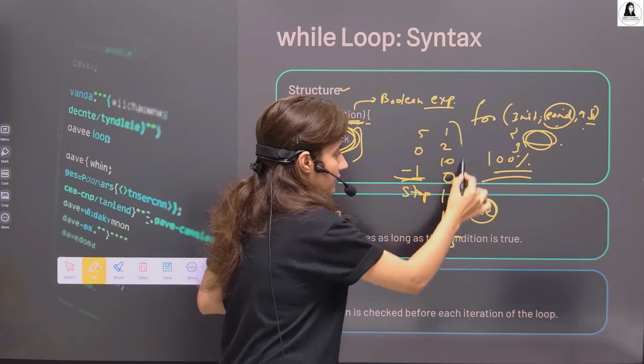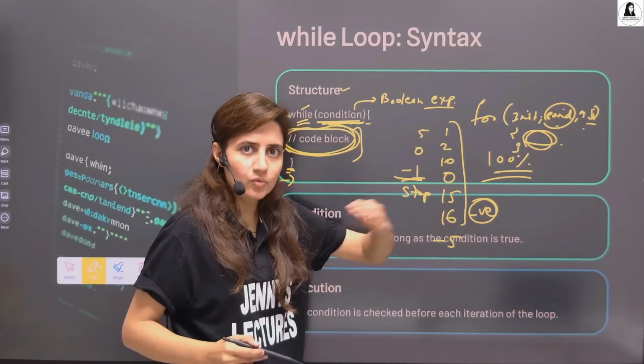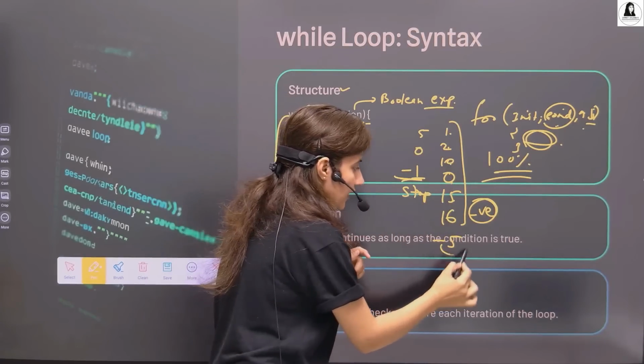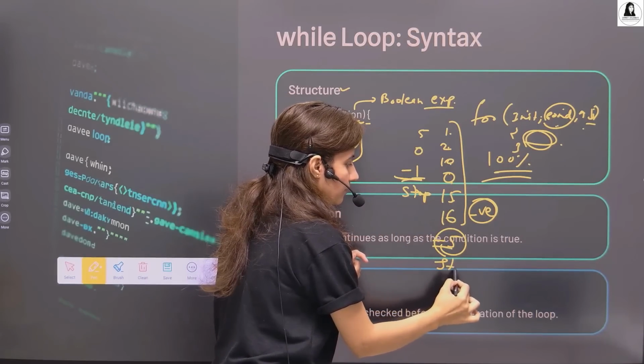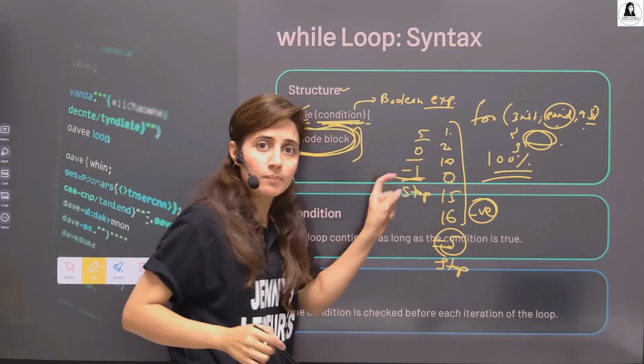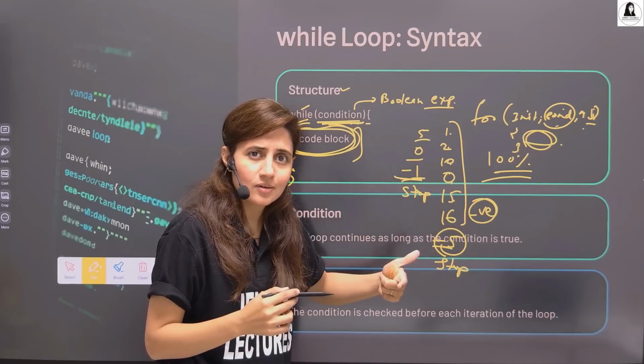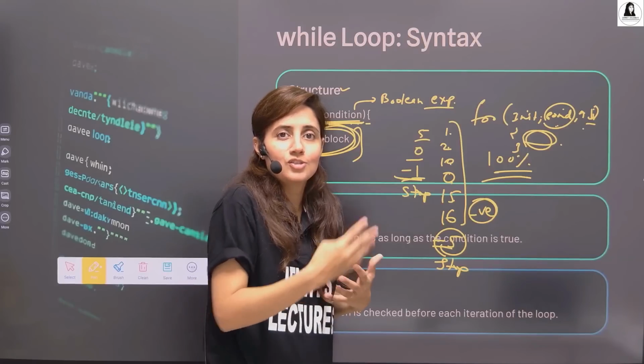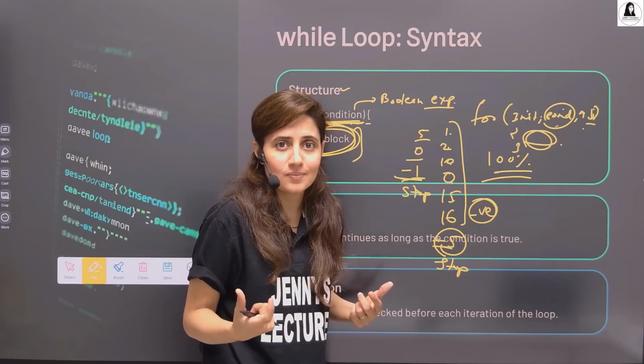So in this case, how many times would the loop body be iterated? 1, 2, 3, 4, 5, 6 times. Once a negative number is entered, stop. But for the first user, only 2 times. So the number of iterations is different. We don't know in advance how many iterations there would be.